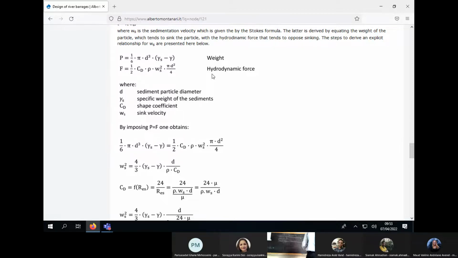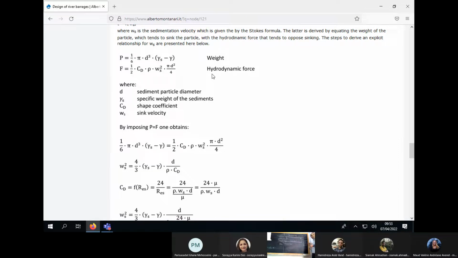So usually it's about 50 centimeters, and keep in mind that the flow that you have through the sand trap is the design flow, QP. And how to compute the velocity in the sand trap?